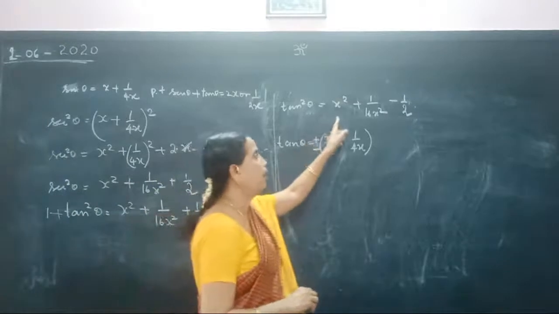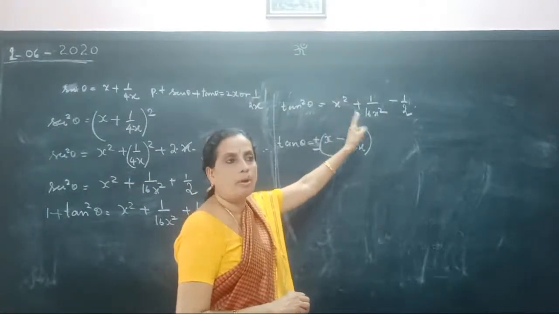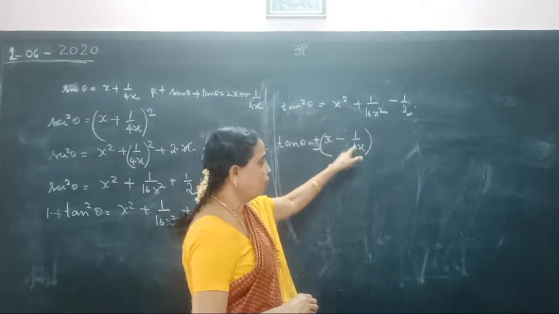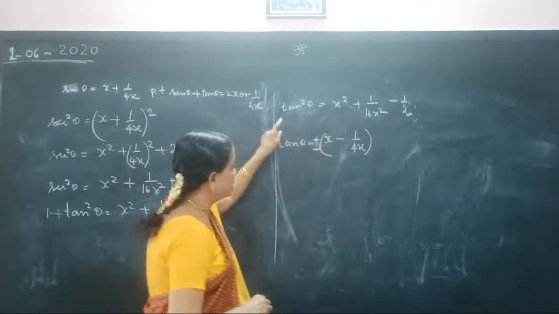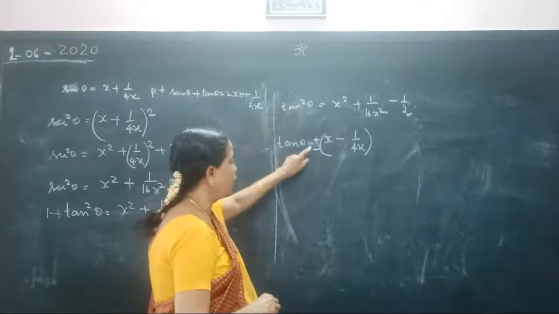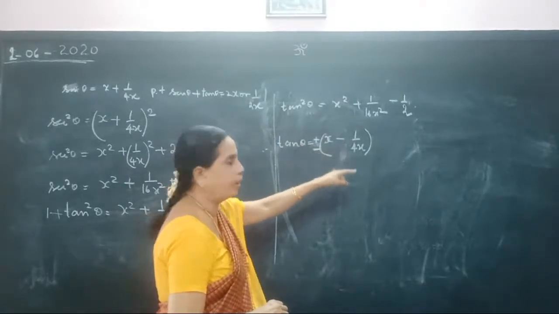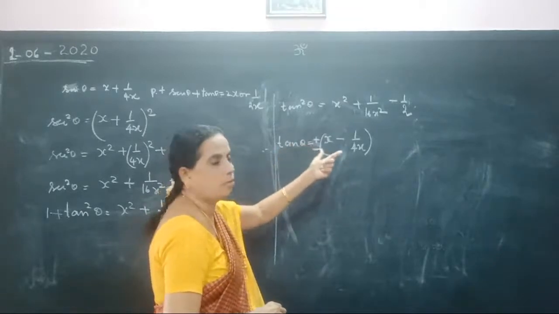So we can write x square plus 1 upon 16 x square minus 1 by 2 as x minus 1 by 4x whole square. Therefore tan theta equals plus or minus. Since we have taken the square root, we have two values of tan, that is x minus 1 by 4x or minus of x minus 1 by 4x.